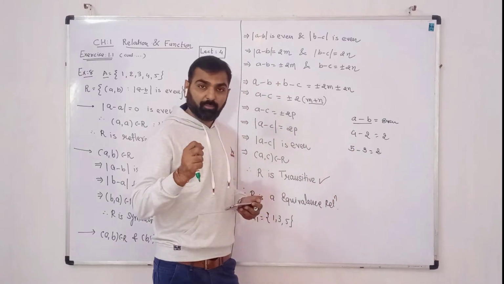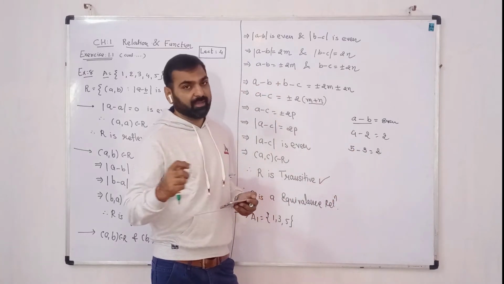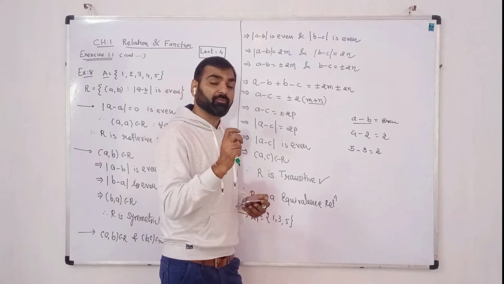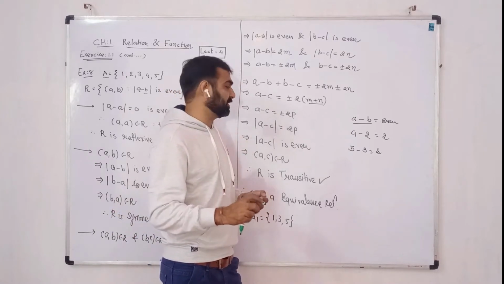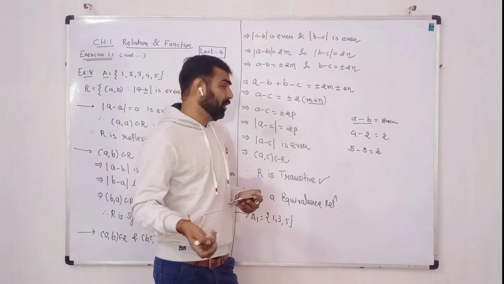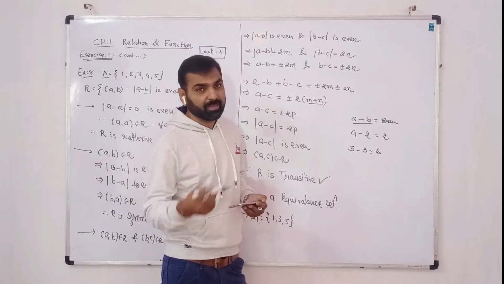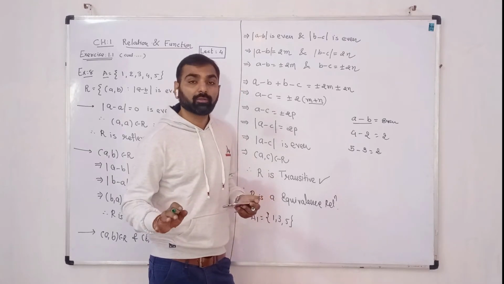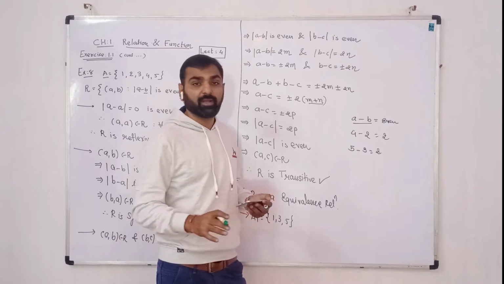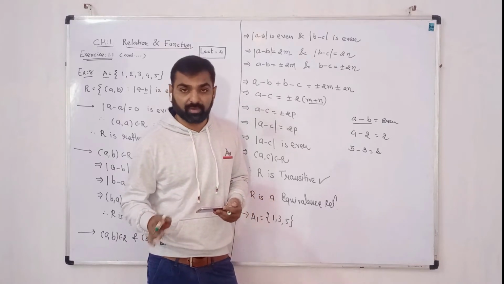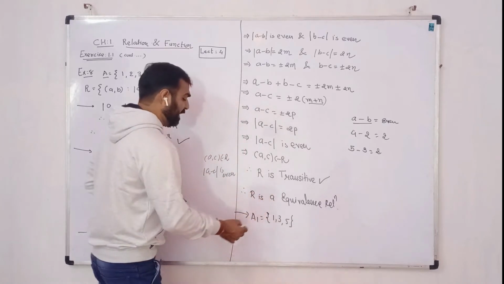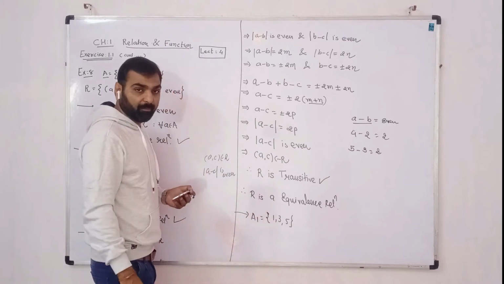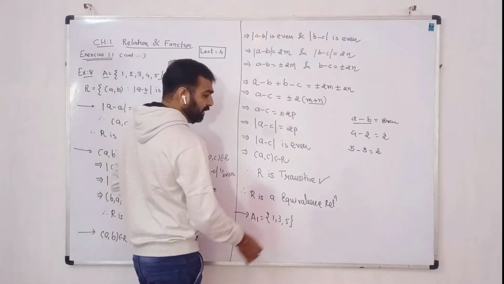But if one is odd and one is even, there is no possibility for the subtraction to become even. So here in set A1, which numbers are given? 1, 3 and 5.